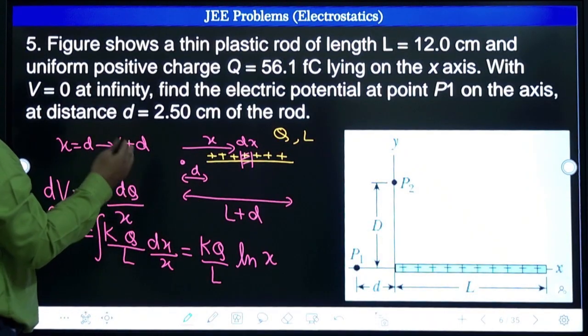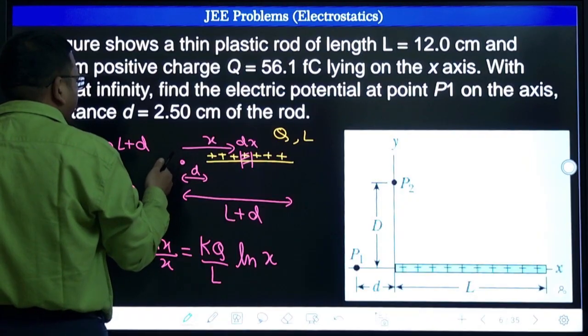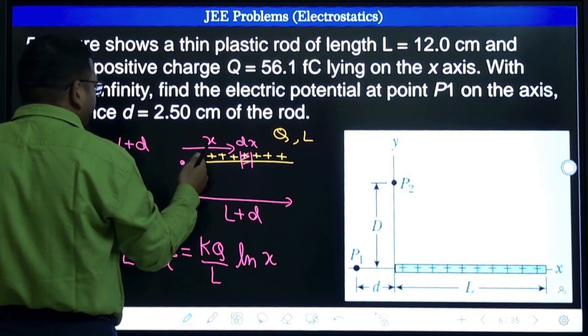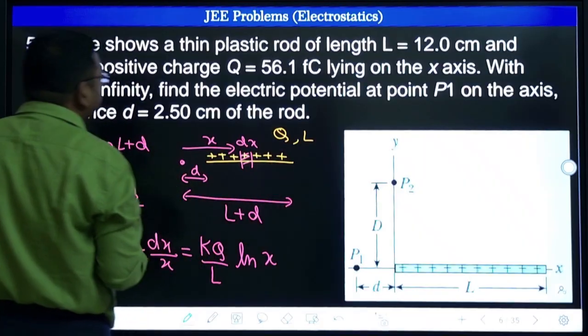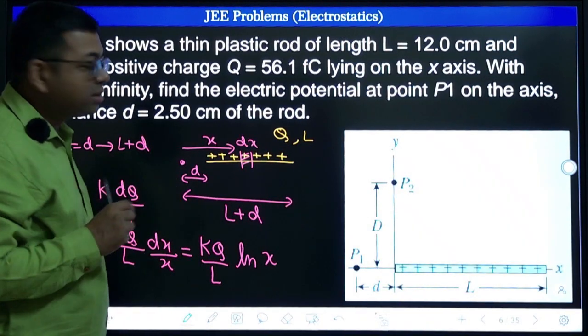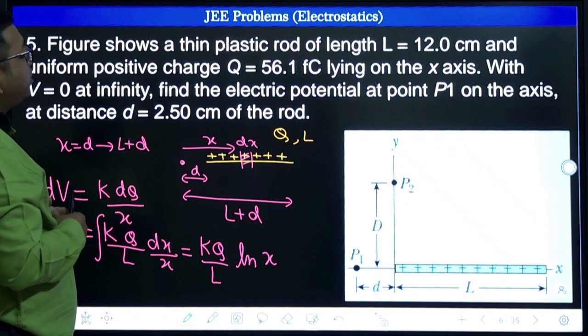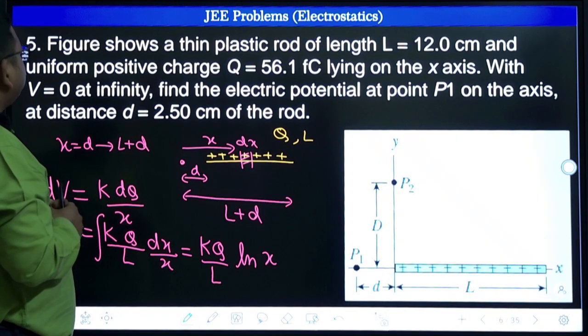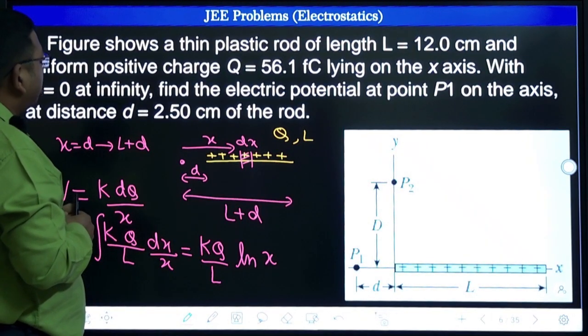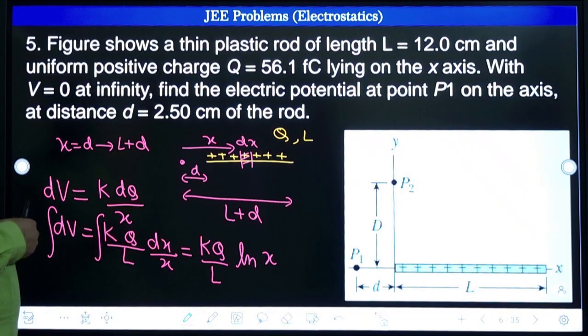But here we are sure that we are going from x equal to d to x equal to l plus d. By the way, what are they asking in the question? Find the electric potential at point P1 on the axis at a distance d from the end of the rod. They are asking at a particular point.